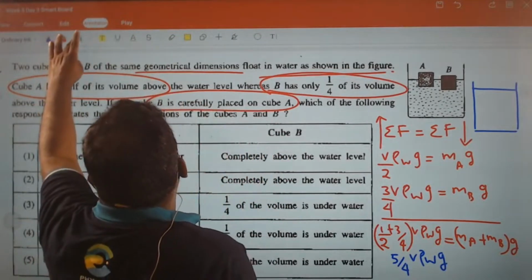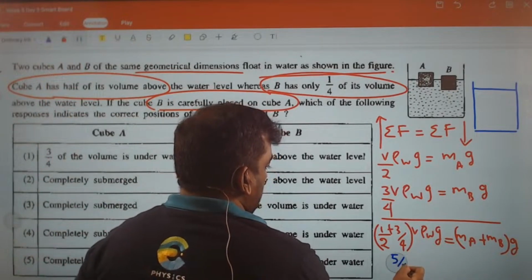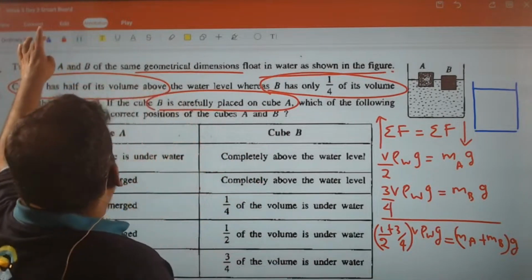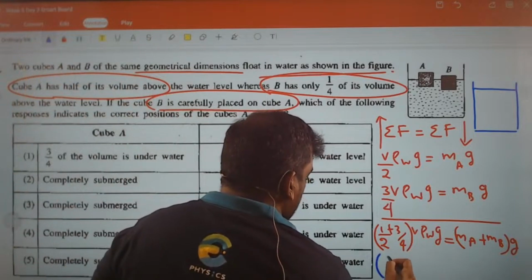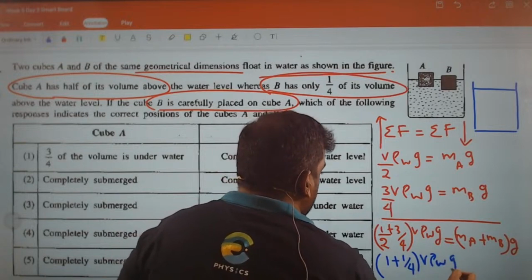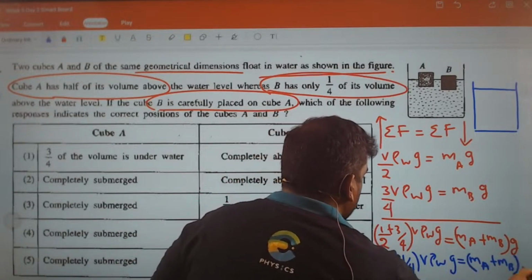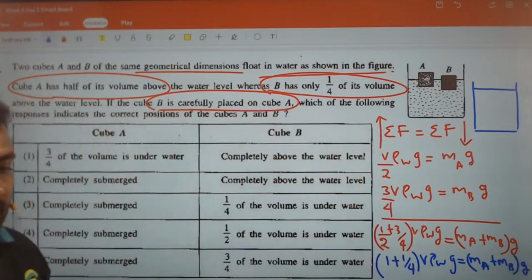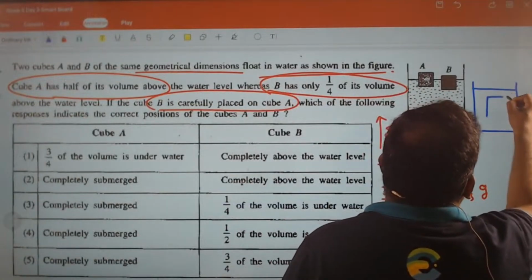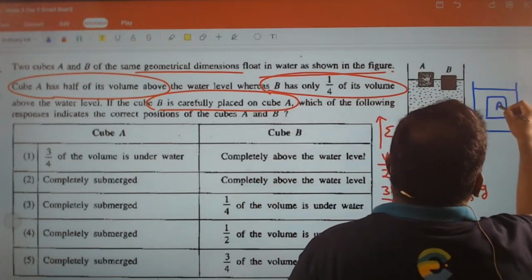If I simplify this, this is what you will get: 1 plus quarter V rho W g equals Ma g plus Mb g. 1/4 means A is completely submerged.